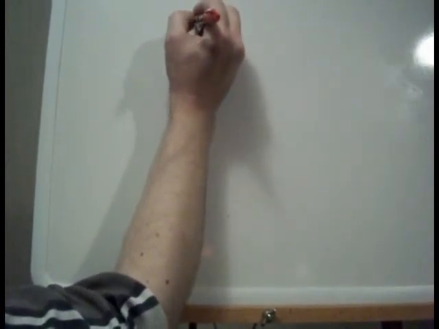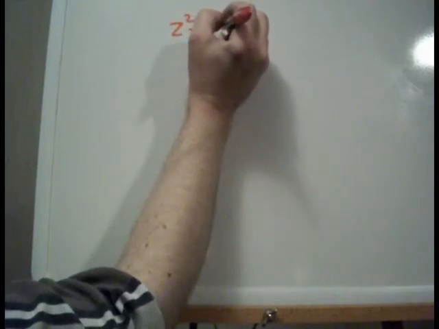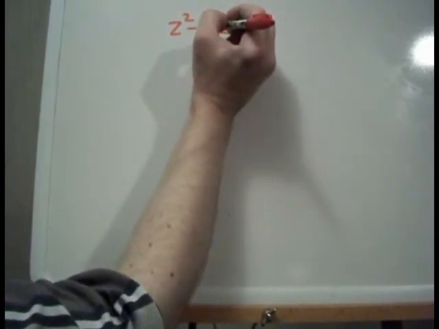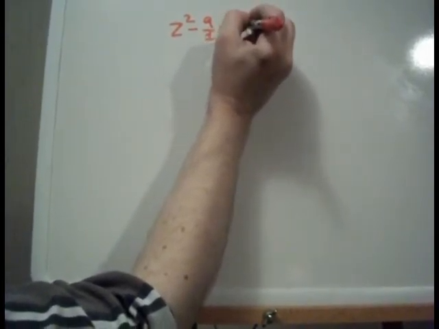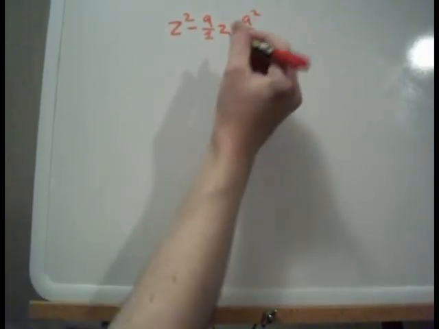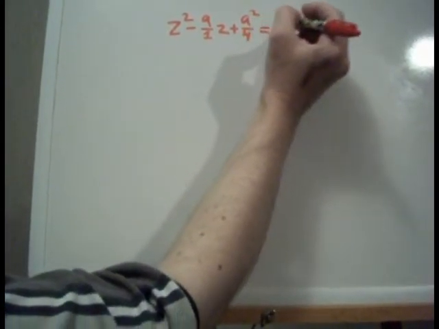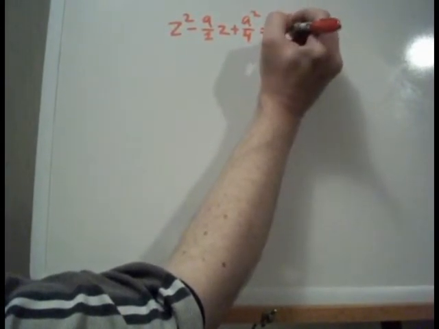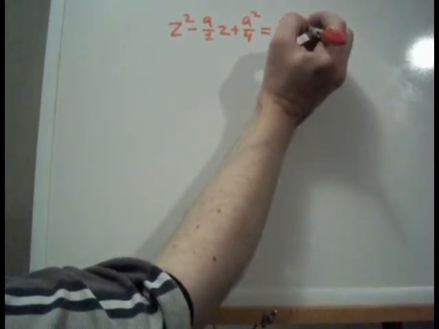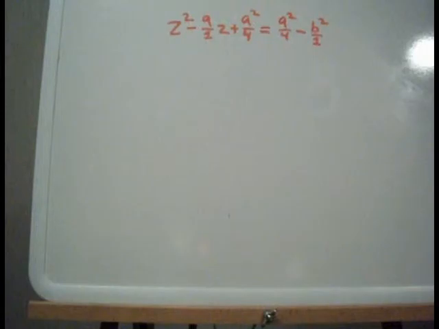So, now what are we going to do? Well, we got z squared minus a over 1 z plus a squared over 4, and this is completing the square here, which now equals a squared over 4 minus b squared over 1.